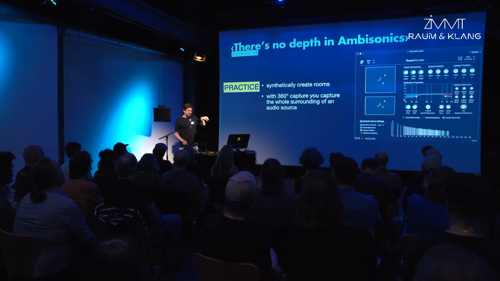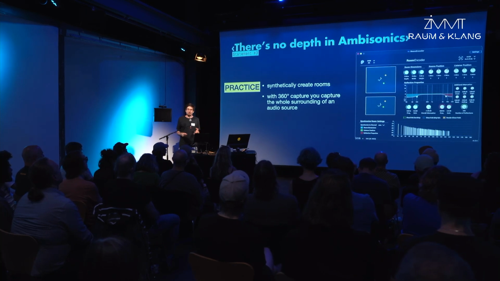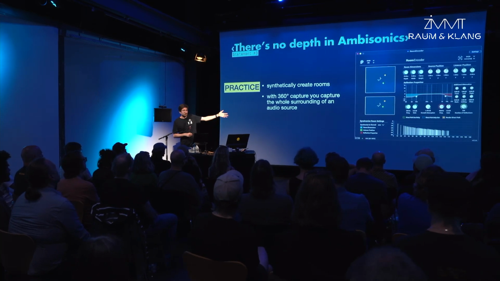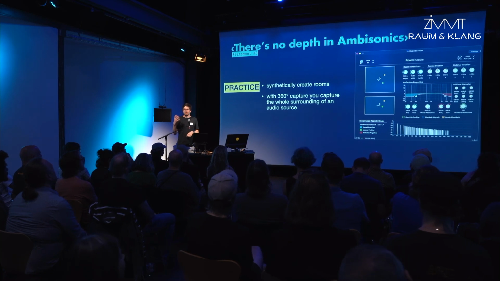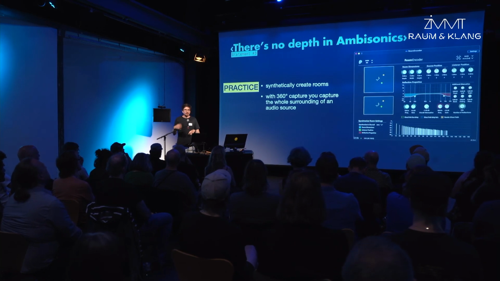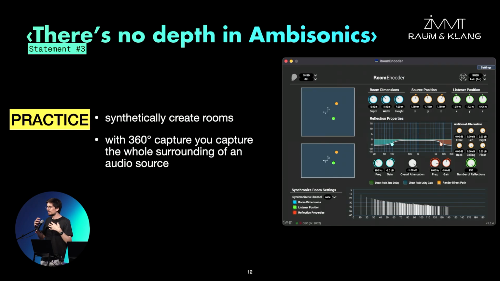If you look at the practice, of course you have tools, for example the RAUM encoder I have to show here, to create a sense of depth and distance with the direct and reverberant ratio. But also if you record something with a full spherical microphone, you also capture the room and the depth. So I would argue from a practical perspective, there is depth in Ambisonics, because otherwise, is there any in stereo?